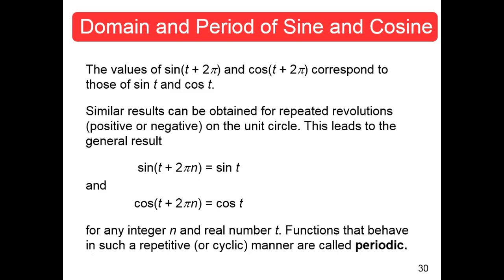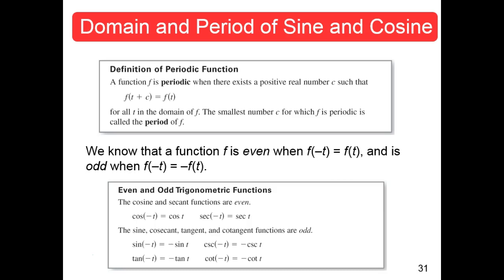The functions that behave in such a repetitive, cyclic, or periodic manner are called periodic functions. That's what we're dealing with, really all the trig functions, but especially sines and cosines. So here's the definition of a periodic function.